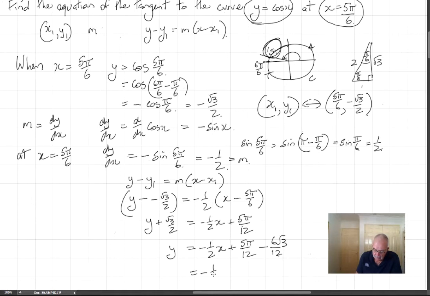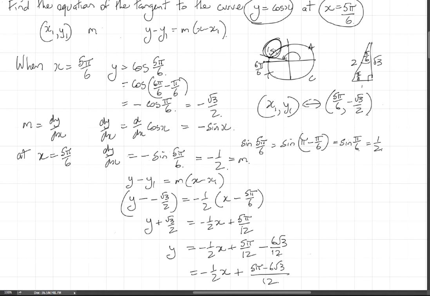So minus a half x plus 5π minus 6√3 all over 12. So that's my c value. That's my m value. So y equals negative a half x plus (5π minus 6√3) all over 12. And that could be worked out as a decimal.